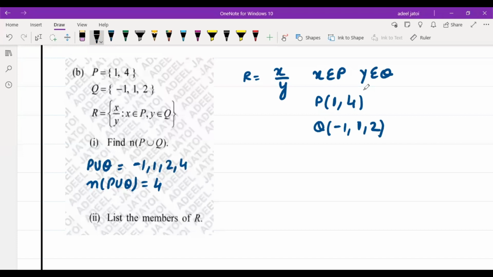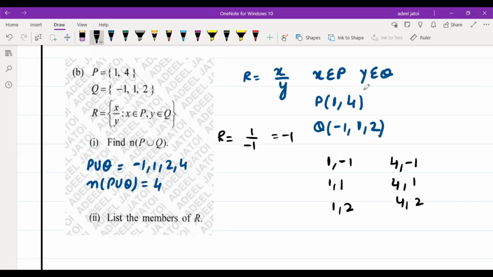So what will be the coordinates? (1, -1), (1, 1), (1, 2). You can also have (4, -1), (4, 1) and (4, 2). These will be the 6 coordinates used to take out the value of R. Let's say we are using the first one. So this would be 1 upon -1. So R is what? -1.